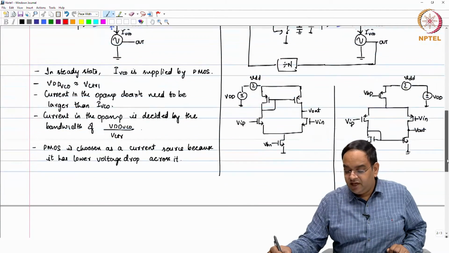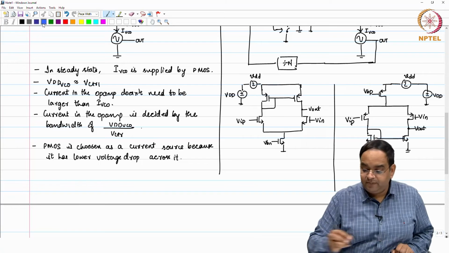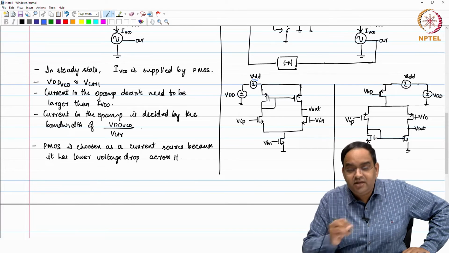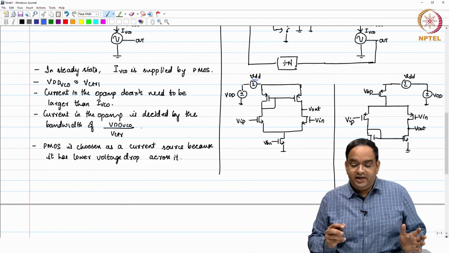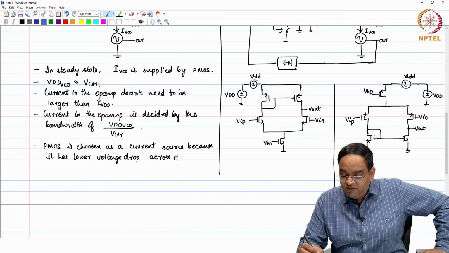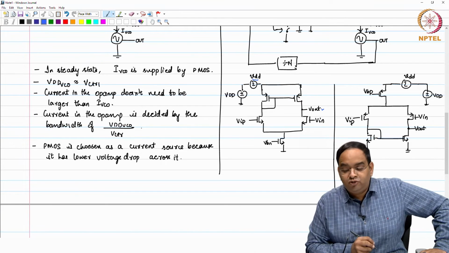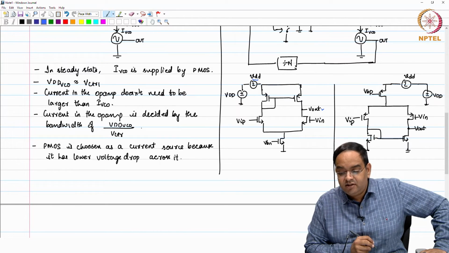Now, if you have any supply noise at VDD, then in the extreme case, you will find that V out will also go to VDD.